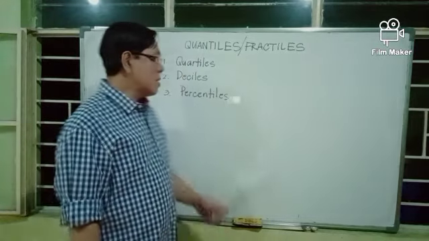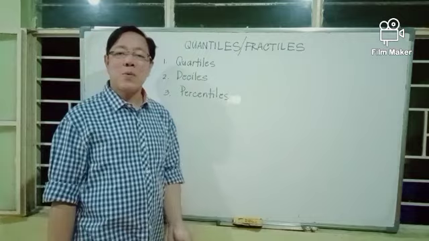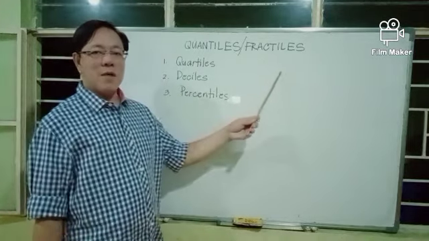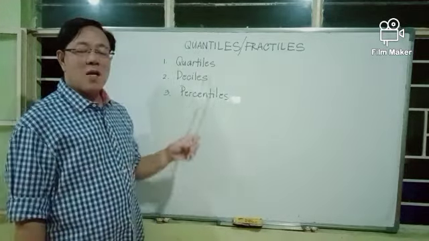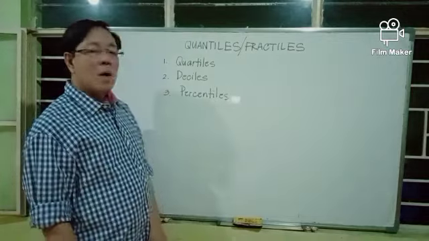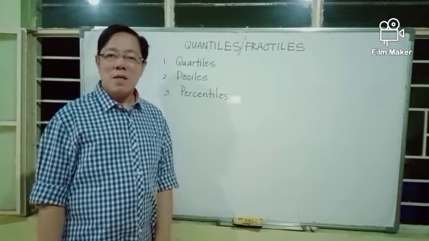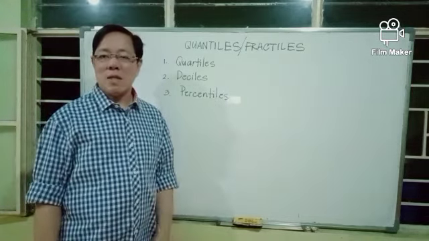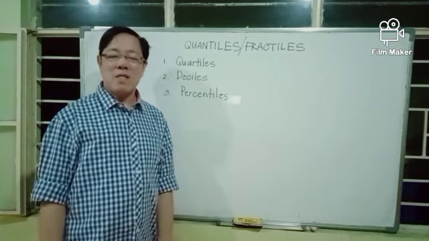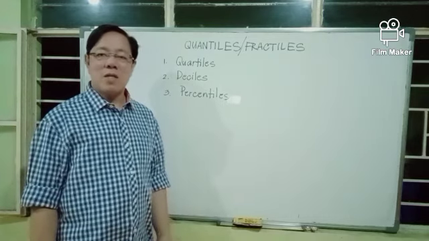And there are three types of quantiles or fractiles. The first type is the quartiles. The quartiles divide a set of measurements into 4 equal parts.